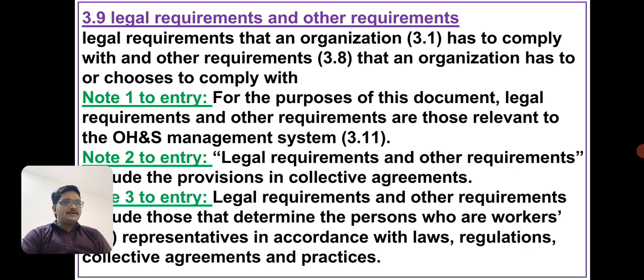First note: for the purpose of this document, legal requirements and other requirements are those relevant to the OHS management system. Second, legal requirements and other requirements include the provisions in collective agreements. Third, legal requirements and other requirements include those that determine the persons who are workers or worker representatives in accordance with laws, regulations, collective agreements and practices.